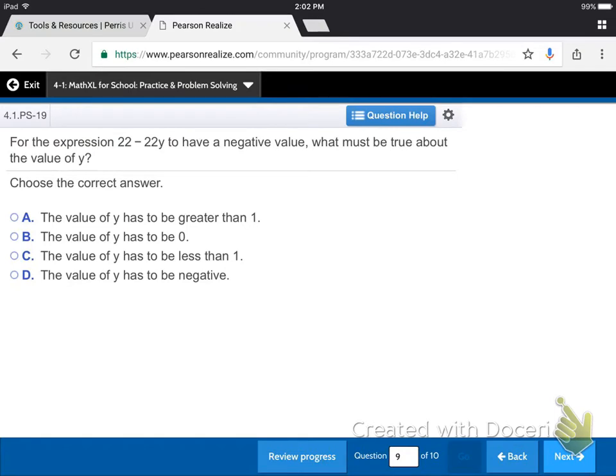Almost done. So question 9. For the expression 22 minus 22y to have a negative value, what must be true about the value of y? So in other words, we want this expression, 22 take away 22 times y, to equal some negative number. How is that going to be possible?